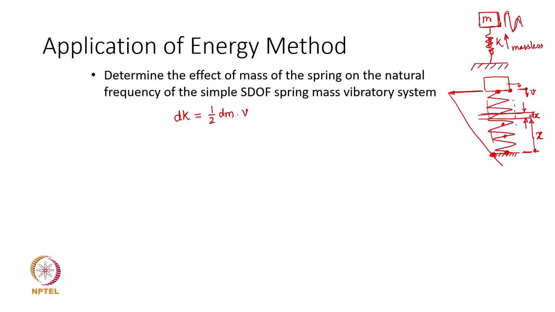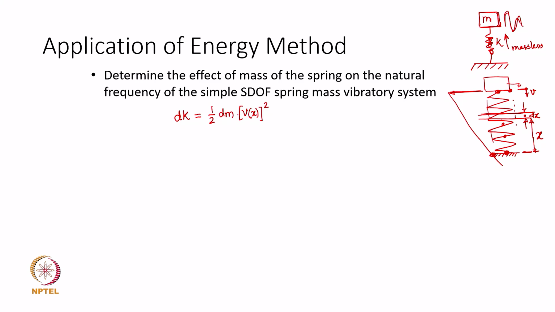So, if I call the velocity at that position x the velocity of that spring element dx, this becomes the elemental kinetic energy of this particular spring element. V at this position would be different than this V. V is the maximum value, the instantaneous velocity at the end, and that itself is the velocity of the mass.